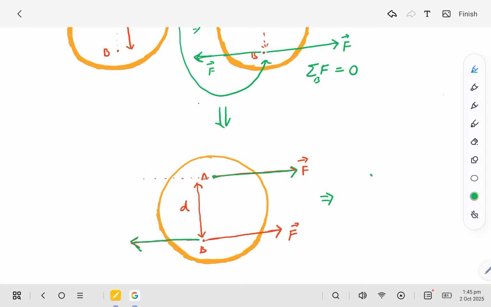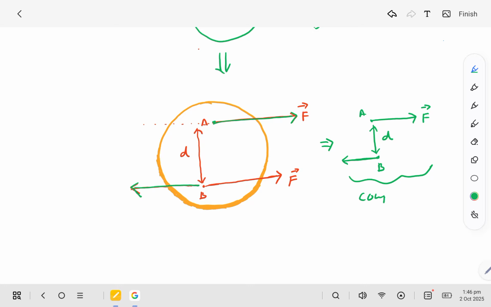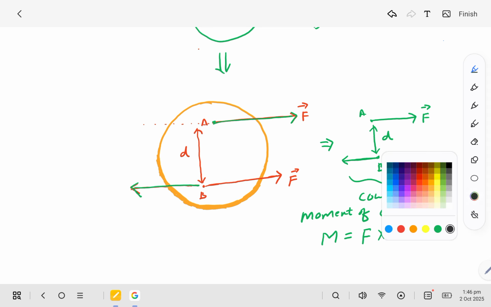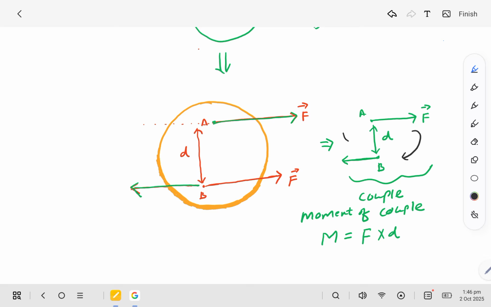Point A is here and the force is acting here, and the perpendicular distance between both forces is D. This is nothing but a couple, and moment of couple M is equal to force into D, and the direction is clockwise for this moment.